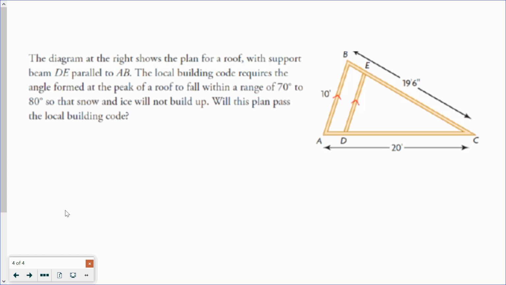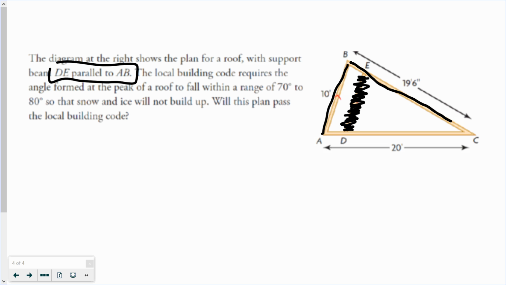This question has just some things that you don't need at all, and it's kind of irritating in that regard. So, like, it's giving us this support beam, DE, parallel to AB, but that doesn't matter. I don't know why they needed to give you that piece of information, because what you're looking at, again, is like looking at the roof. So this is the roof of what I find to be a weird shaped house.